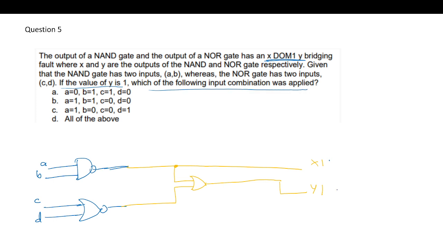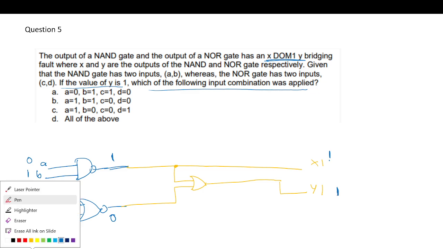So y is 1. If we have 0 1, 1 0, this will be 1 0, so this will be 1 and this will be 1. So even A can be applied.